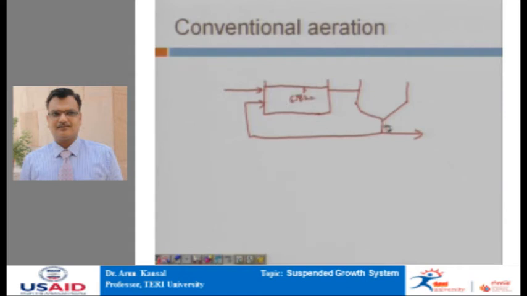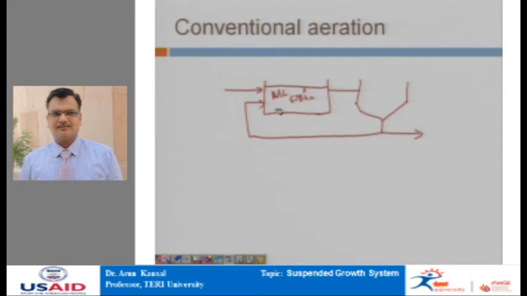That is, the recycled settled sludge and the wastewater from the primary settling tank are mixed together in a mixed liquor and aerated for 6 to 8 hours. The influent wastewater and recycled sludge are mixed by the action of a diffused aerator or mechanical aerator.